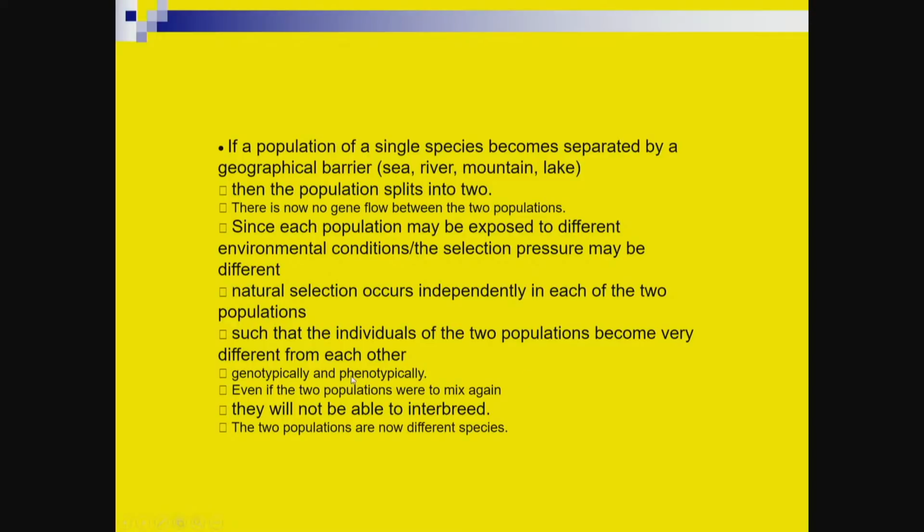So the phenotypical description, you can also mention the difference in the phenotypical of the 2 species that is separated now. Even if the 2 populations, now you must say, even if the 2 populations, what is the 2 populations now?